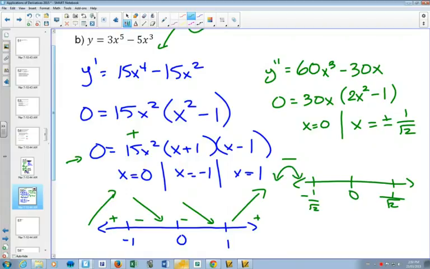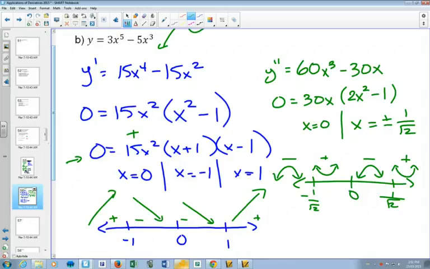Between negative 1 over root 2 and 0, this is going to be negative and this is going to be negative, making it positive. Between 0 and 1 over root 2, this is going to be negative and this is going to be positive, making it all negative. And finally, a large positive number will be positive again.